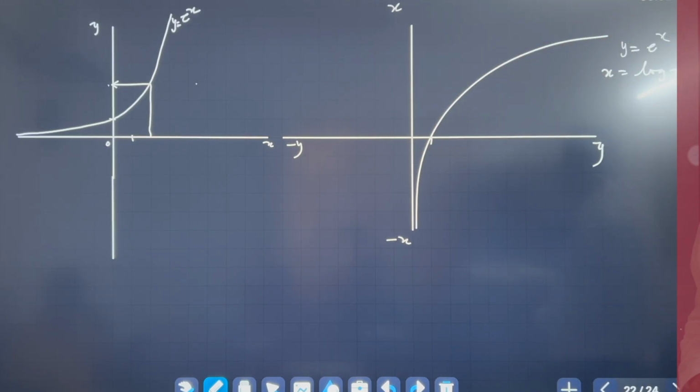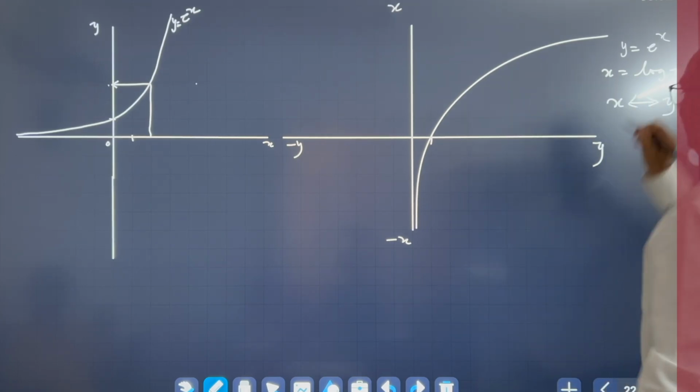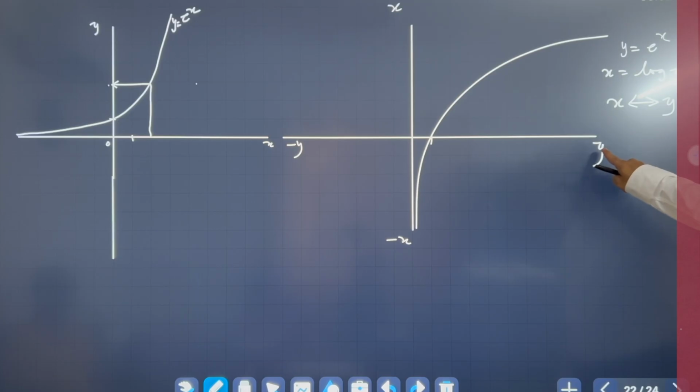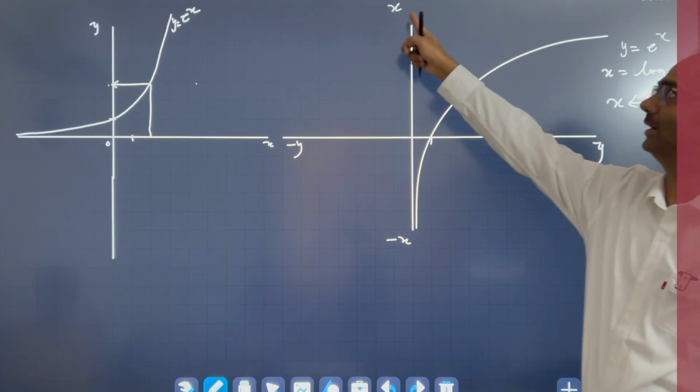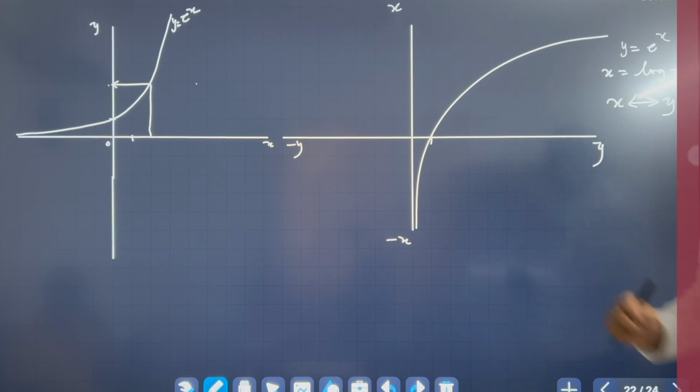Are you fine? So here, if I just change the name, instead of calling y as y and x as x, interchange the names. Call x as y and y as x. Then here it will become x, here it will become y. And this expression will become y equal to log x.